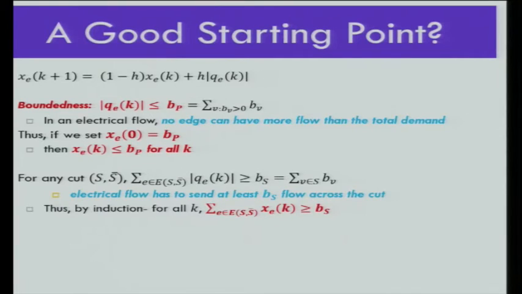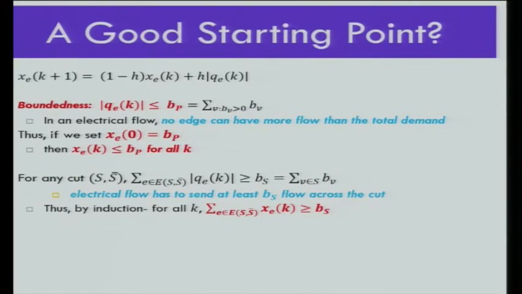Again, by induction, this implies that for every k, if you fix a cut and look at the sum of these conductances across it, this is at least Bs. Note that for this to be initially true, there has to be one edge that goes across the cut. The graph is connected, we assume feasibility, so there has to be one edge that goes across, and for that edge you had Bp, which is bigger than Bs.